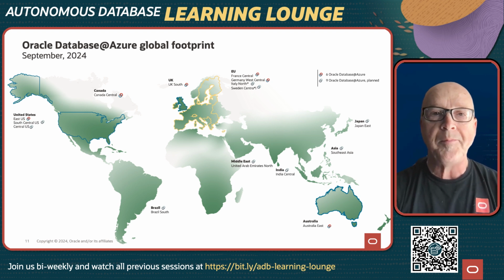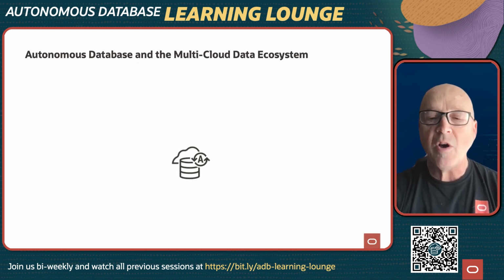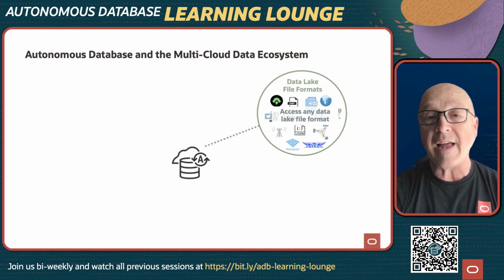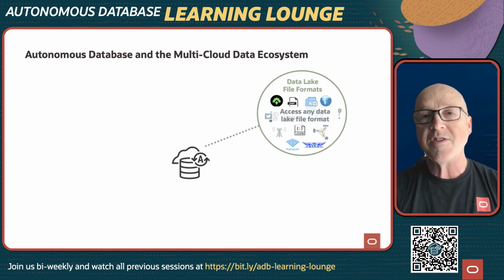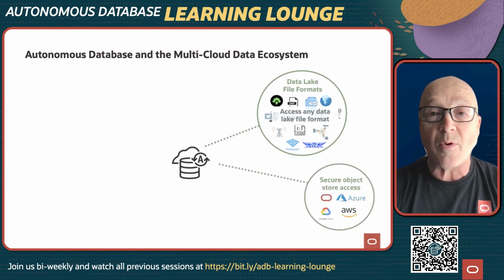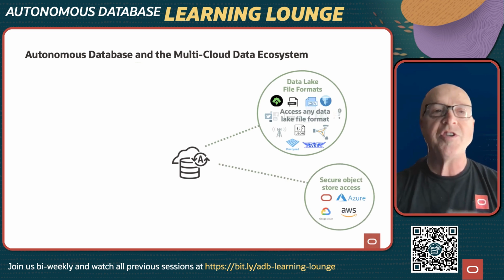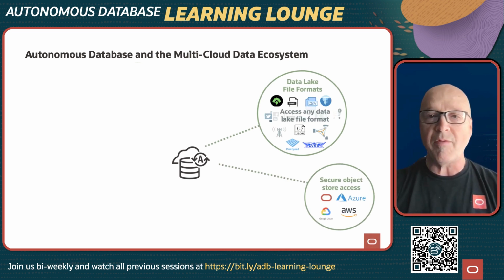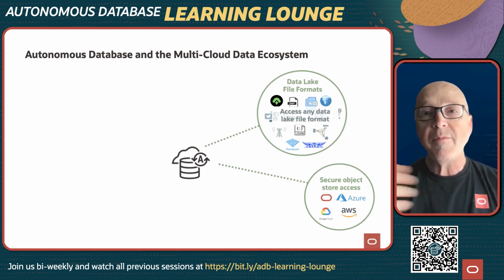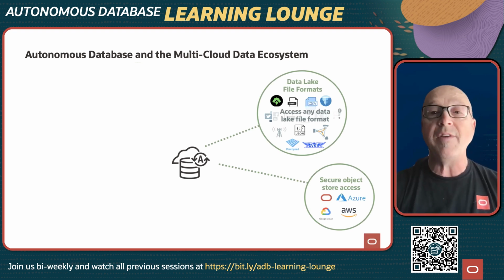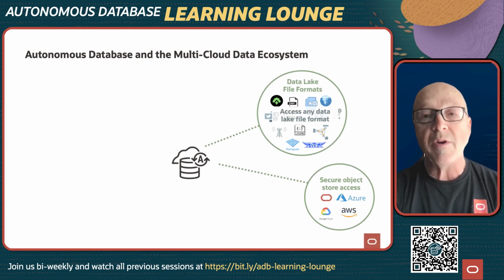And what I wanted to touch on also is that we're talking about this multi-cloud. Multi-cloud is, we look at it as kind of a data ecosystem for us, where we're dealing with not just the relational database. This is more of a data platform view, where we're looking at how you want to access and create analytics on top of a lot of different kinds of data that are stored in different locations.